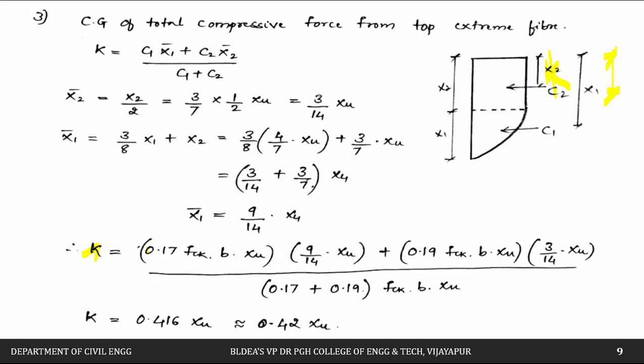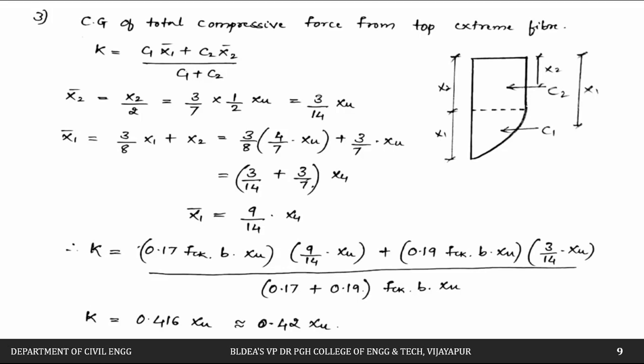C1 is nothing but 0.17 fck into b into xu. x1 bar is nothing but 9 divided by 14 of xu, plus C2, which is 0.19 fck into b into xu, times x2 bar, that is 3 by 14 of xu, divided by 0.17 fck b xu plus C2, which is 0.19 fck b xu.